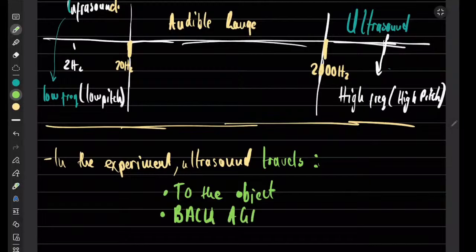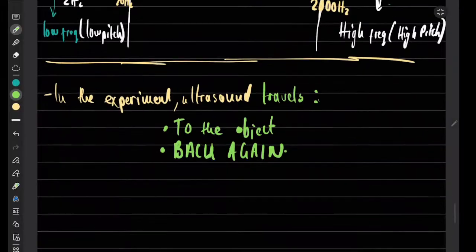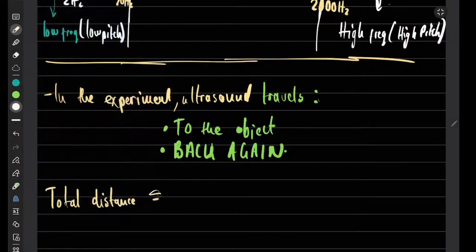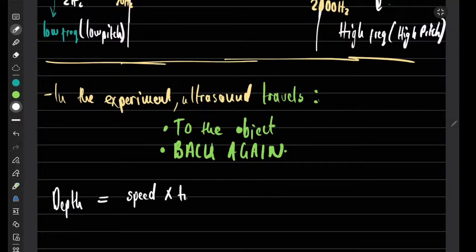So that means, my friends, if you want to find the distance to that object, or let's say the depth, not the total distance, this is going to be speed times time divided by 2.